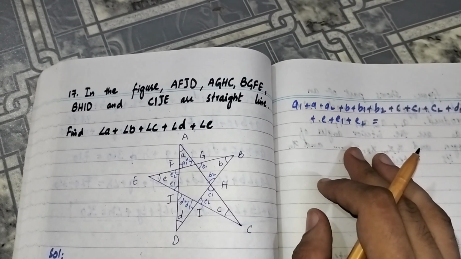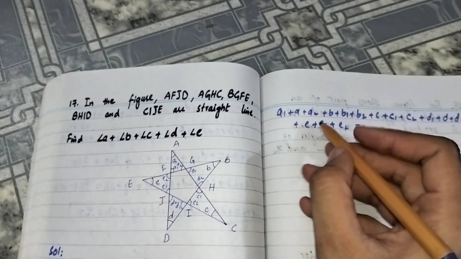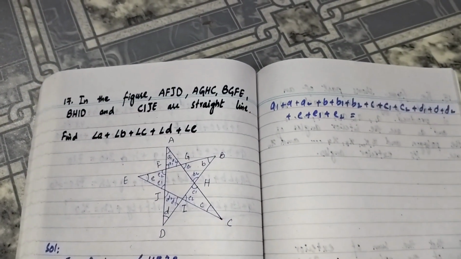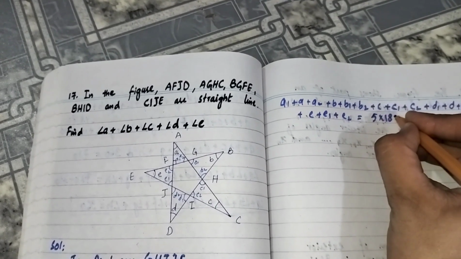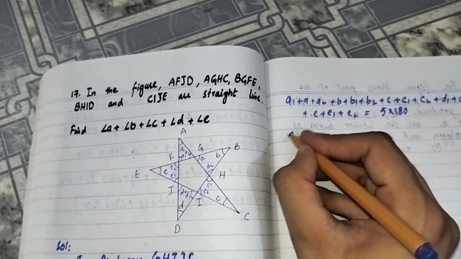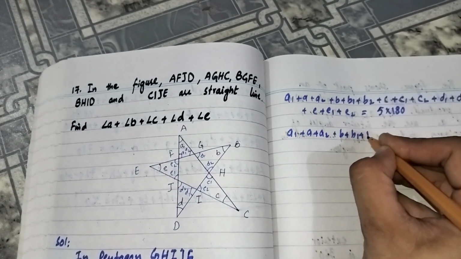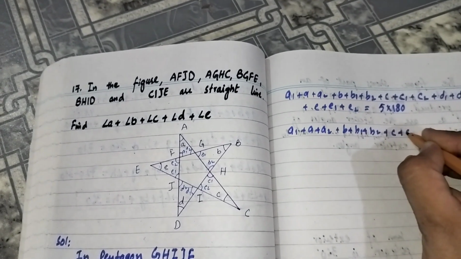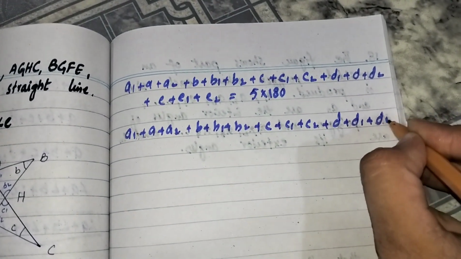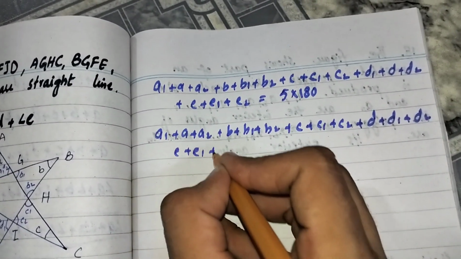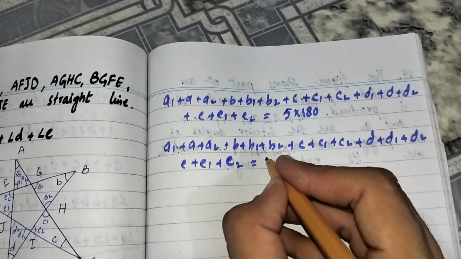So here we have 5 triangles and we have added all the angles of the 5 triangles. The sum of all the angles of these 5 triangles will make 5 times 180 degrees. So A1, A2, B1, B2, C1, C2, D1, D2, E1, E2 will make 5 times 180 degrees, which is equal to 900 degrees.